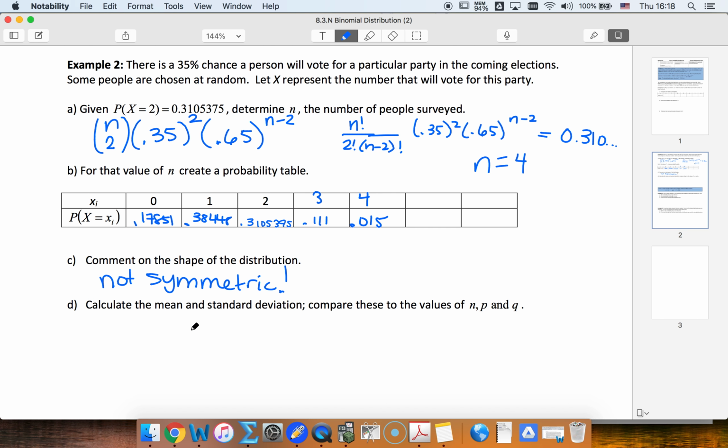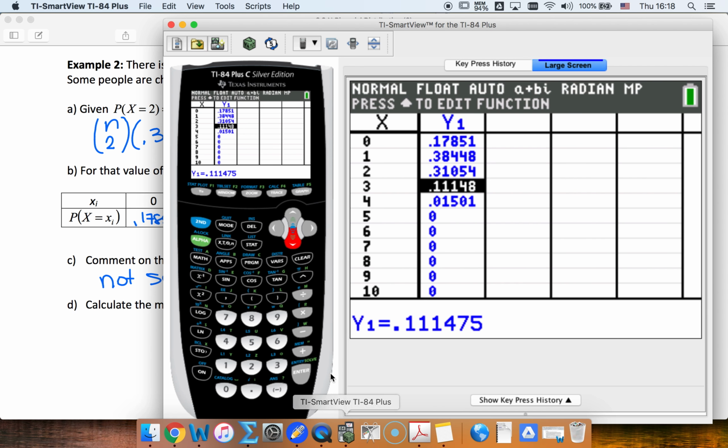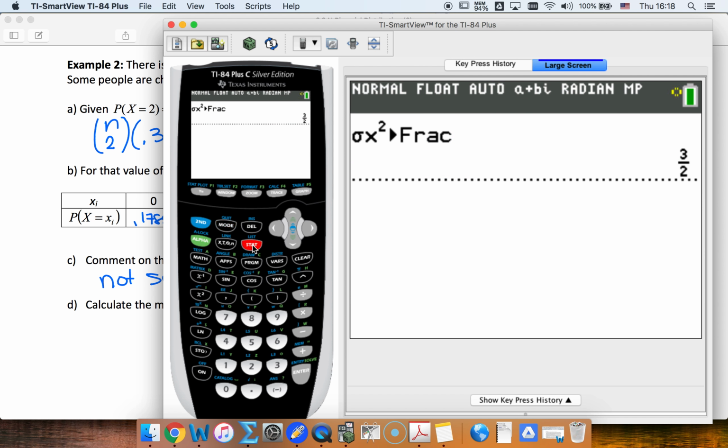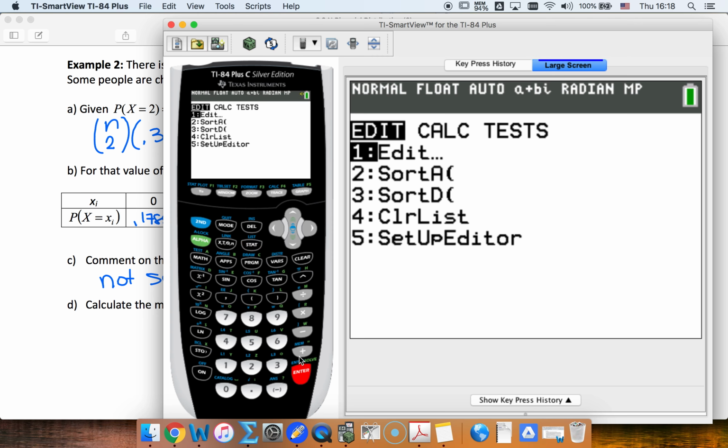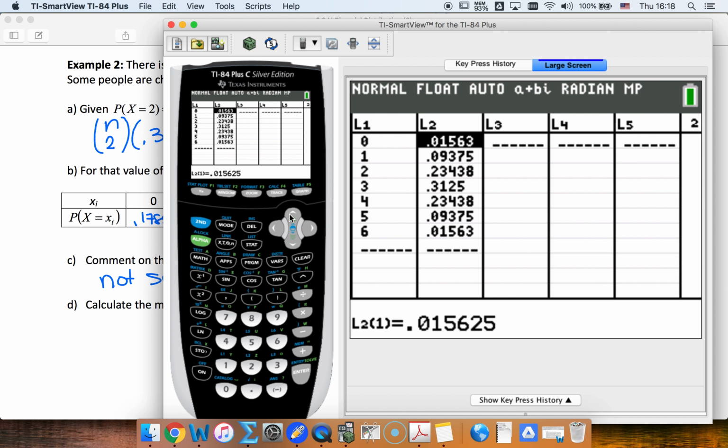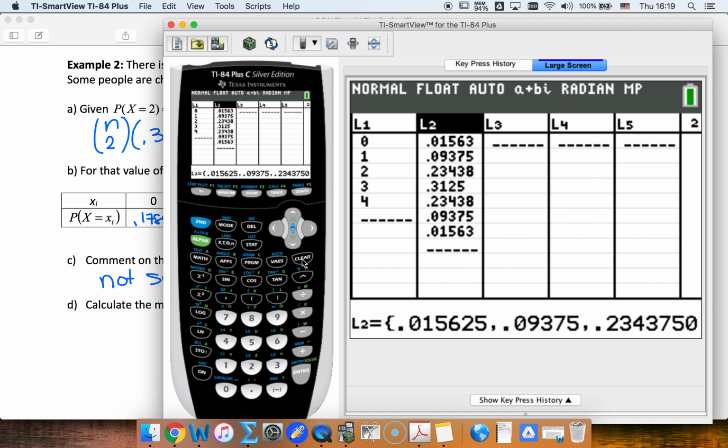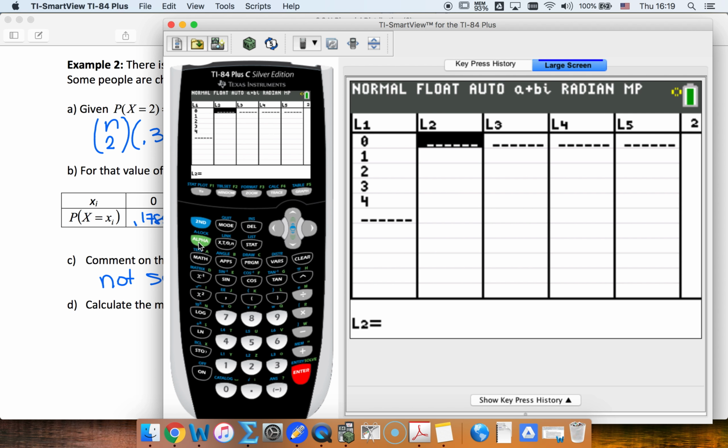All right, so I can calculate my mean and standard deviation. Let's go into our list and get it calculated there. So in this case, I need to change and delete out these two. Over on this side, I'll clear it out and then put in my binomial distribution.